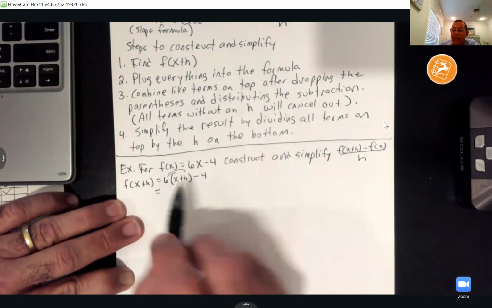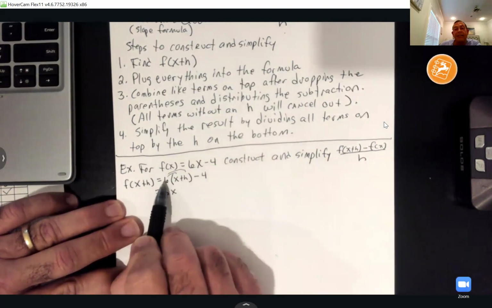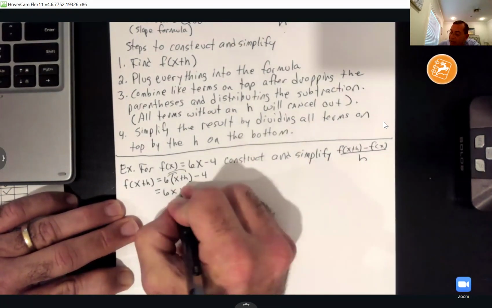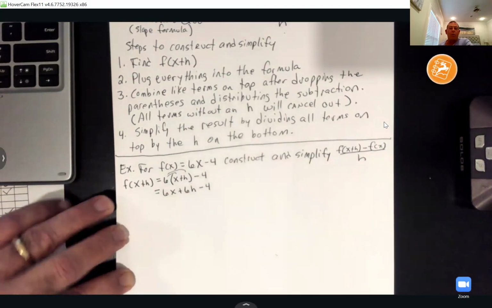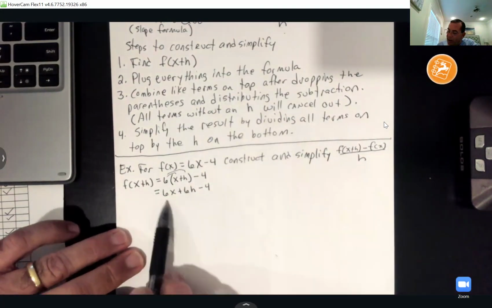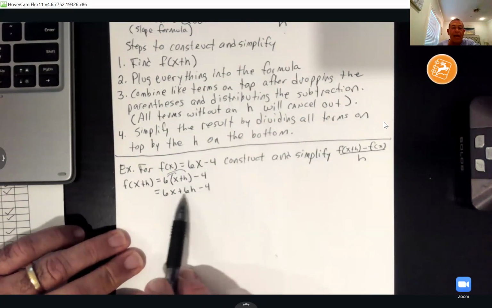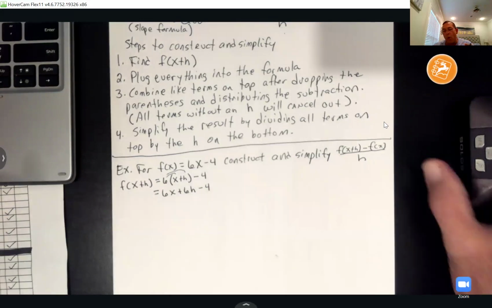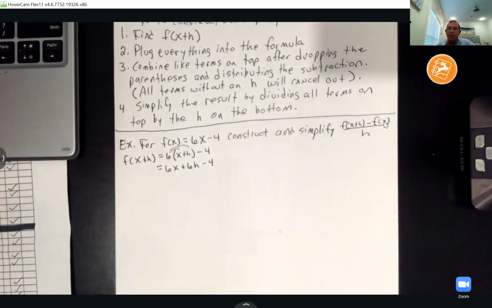So 6 times x is 6x. 6 times h gives us a 6h. And then we have our minus 4. Now y'all notice this. We cannot simplify this any further. I do not have any like terms. So at that point, I know I've got my f of x plus h.